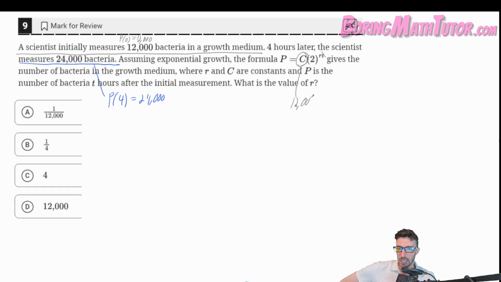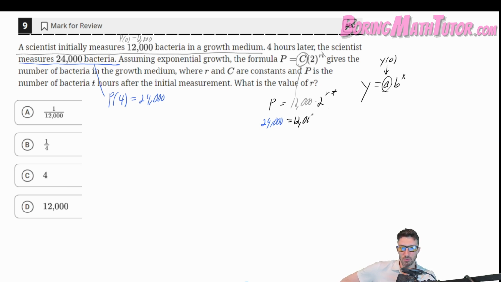So that's a handy thing to memorize: whenever anything is in the form y equals a times b to the x, the a is always the y of 0 value. Anyway, now we have 12,000 times 2 to the RT equals P, and this is the time where we want to plug in the 24,000 and the 4.